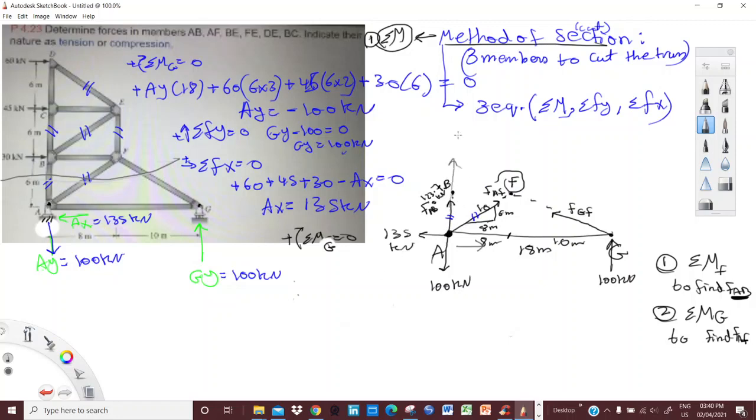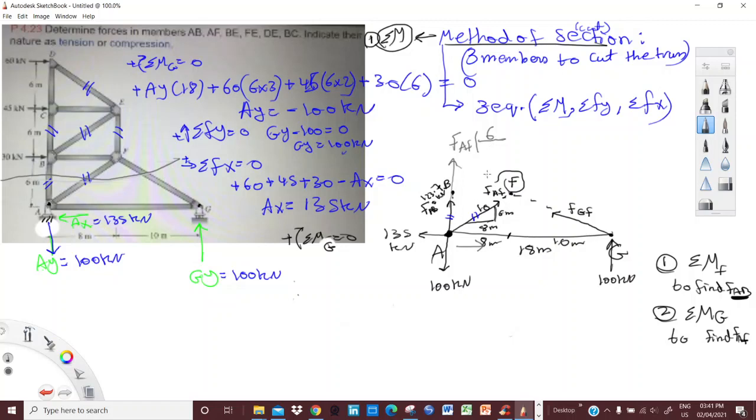When I resolve the force, it will be FAF times sine theta, the vertical part 6, since it is the y component. Unlike the frame, where we usually take the cosine theta so the x part will be 8, in trusses and beams we take the upward one as sine theta, so it will be the y axis.